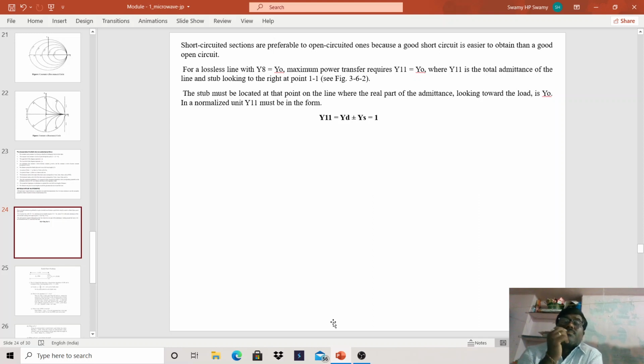So in normalized units, Y11 must be of the form Y11 = YD plus or minus YS = 1.